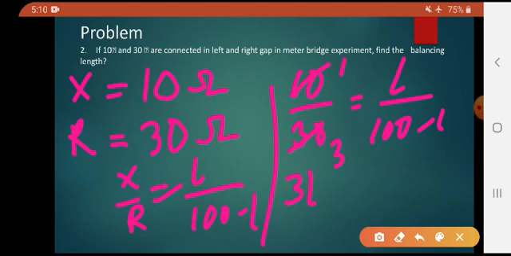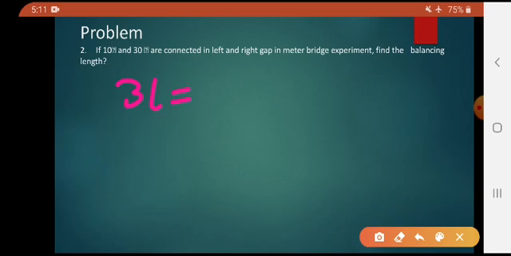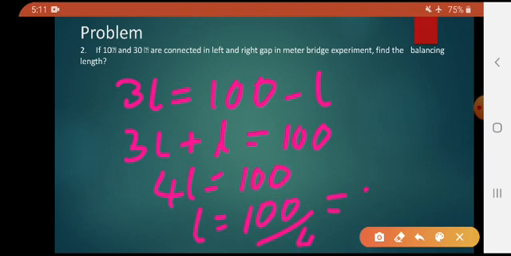So 3L equals 100 minus L. So L goes left: 3L plus L equals 100. So 4L equals 100. So L equals 100 by 4, that equals 25 centimeter.